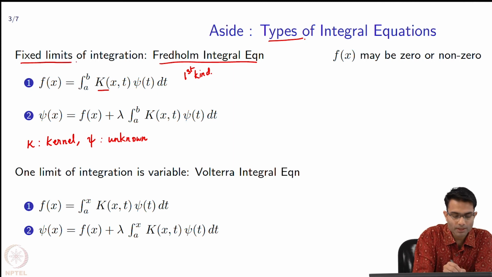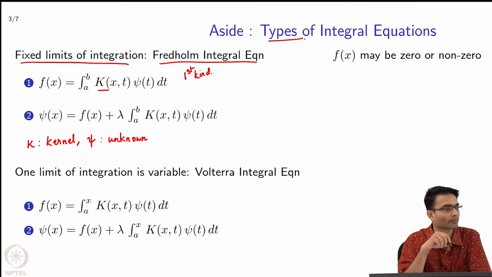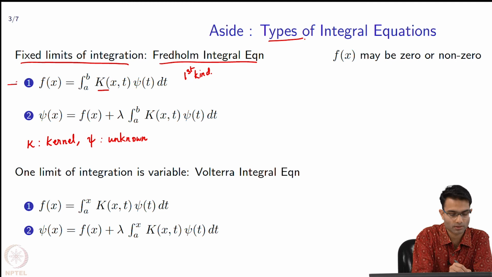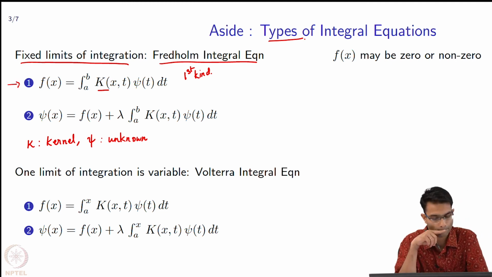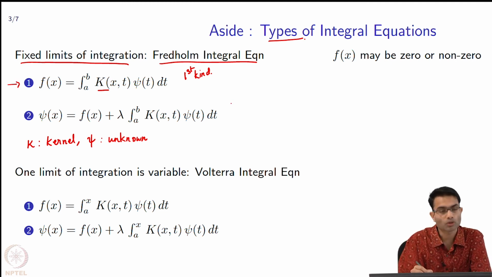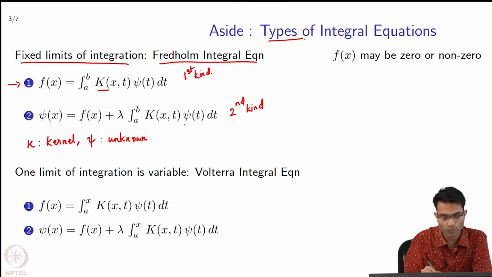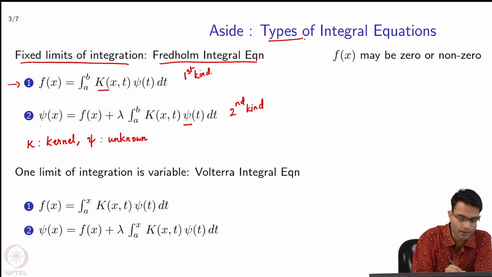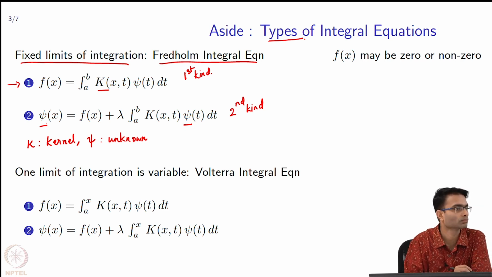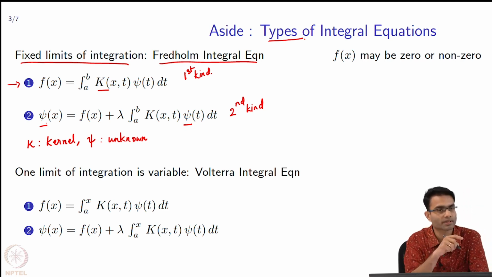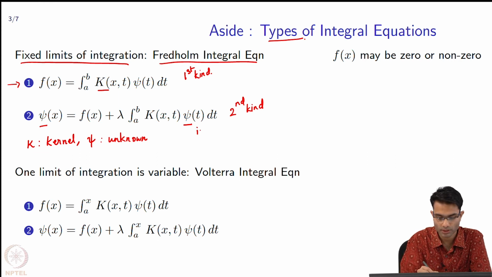When the limits of integration are fixed, that gives us a Fredholm integral equation. Then you also have a Fredholm integral equation of the second kind. What is the difference? The unknown is both inside the integral sign and outside. Psi is inside and outside, right. So, in and out, and this is only in.